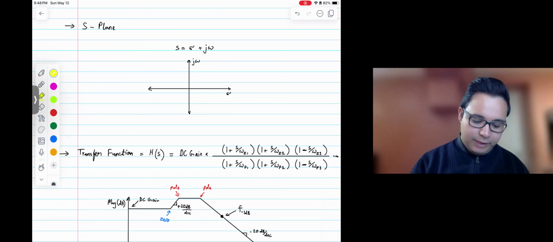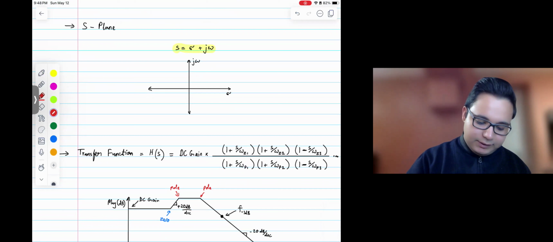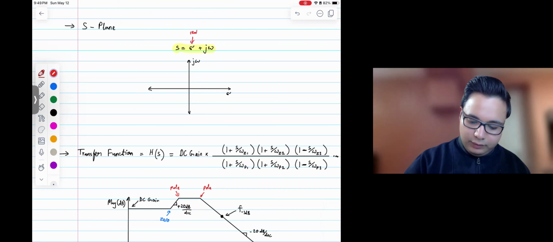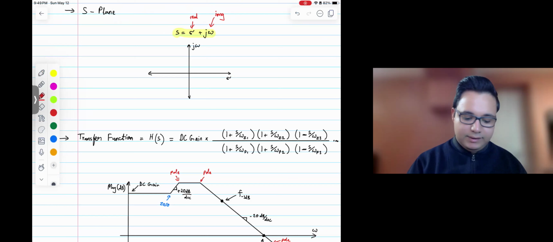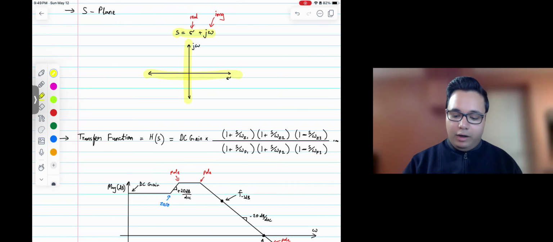S-plane, so S is sigma plus j omega. So here's the real part, and j omega is the imaginary part. We have the real axis over here and the imaginary axis over here, all right?